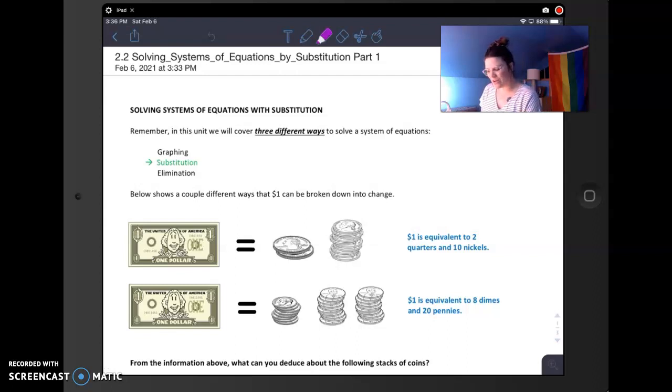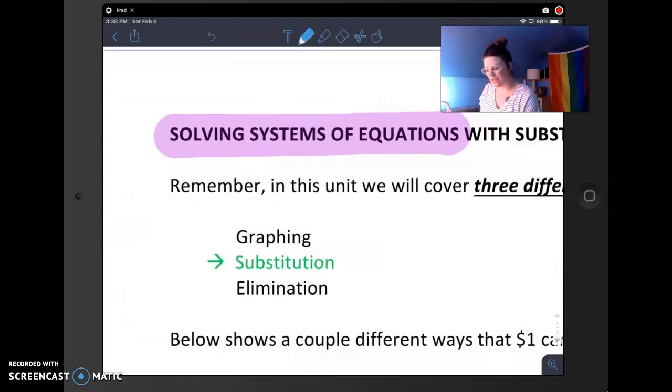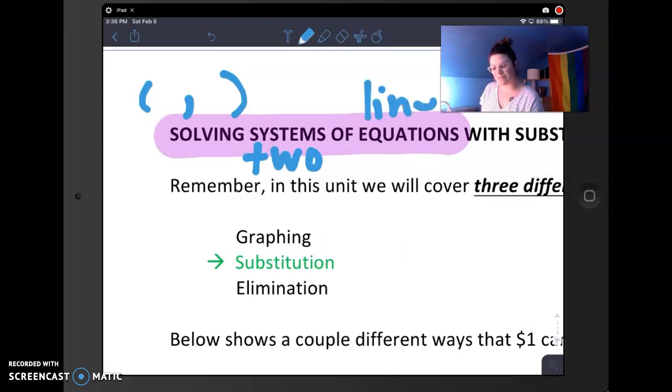All right, so let's take a look at the title. It says Solving Systems of Equations. So remember from last week, when we say solving, we know the answer is going to be a point, so we always create a fill in the blank. Systems means 2. For us, it could mean more than 2, but for us it means 2. And equations are lines.